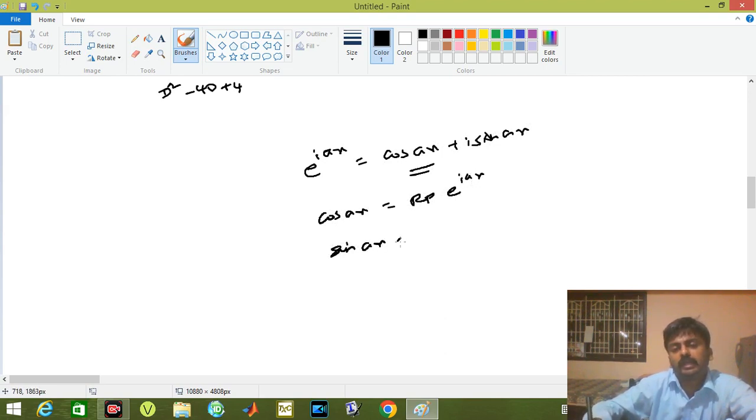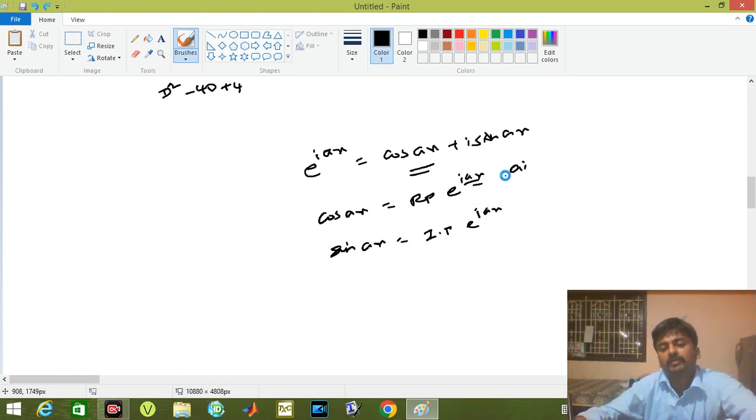This sin ax can be written as imaginary part of e power iax. This iax can be written as aix. For our better understanding, we can write that also. Okay, so can you take it down?